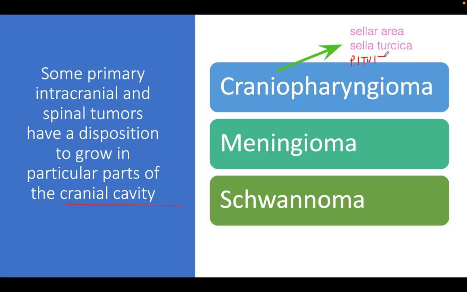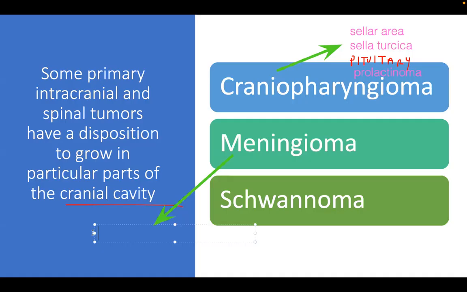Okay, the pituitary is lodged in the sella turcica. So I want you to remember this because craniopharyngiomas are usually seen in children. In adults, the pituitary tumor that you're going to see is most likely going to be a prolactinoma until proven otherwise.